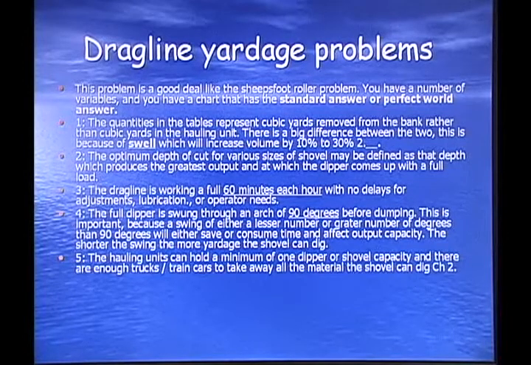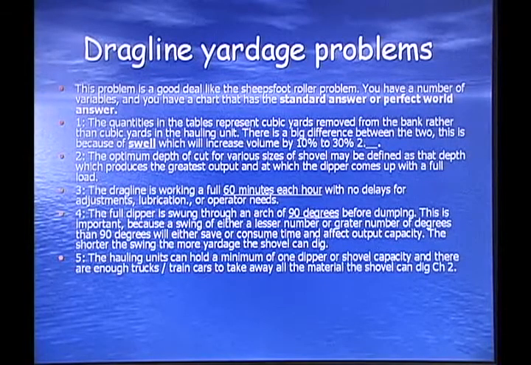The optimum depth of cut for various sizes of shovels may be defined as that depth which produces the greatest output and at which the dipper comes up with a full load. Okay, this is all right out of Walker's. Number 3, the dragline is working a full 60-minute hour with no delays for adjustment, lubrication, or operator needs.